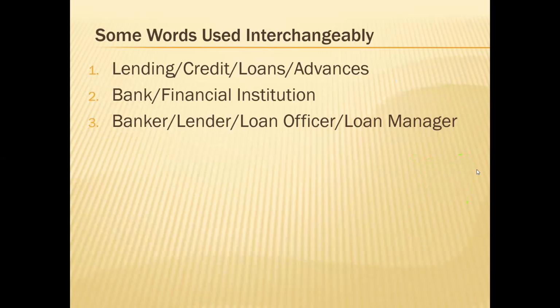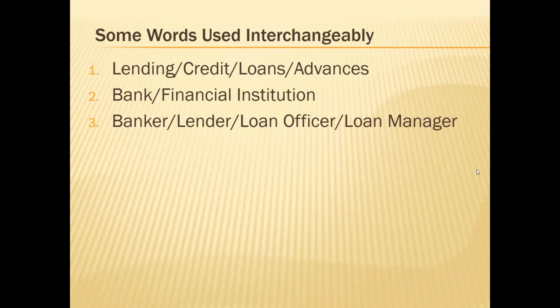Some things we want to keep in mind: if you hear me using terms, they are being used interchangeably. So when we talk about loans or lending, we may also talk about credit. We may also talk about advances. That is the first set of words used interchangeably: lending, credit, loans, advances. The second is the bank or financial institution.